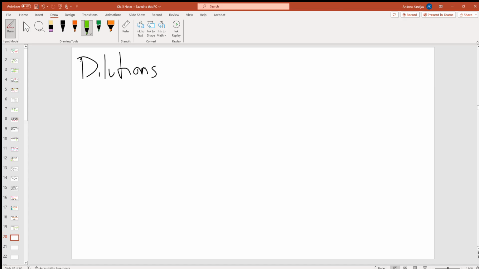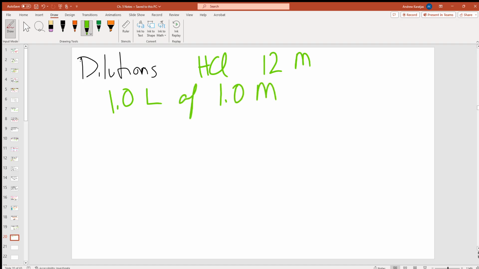Hydrochloric acid is often sold as a 12 molar solution. Now let's say what we actually need is 1 liter of a 1 molar solution.